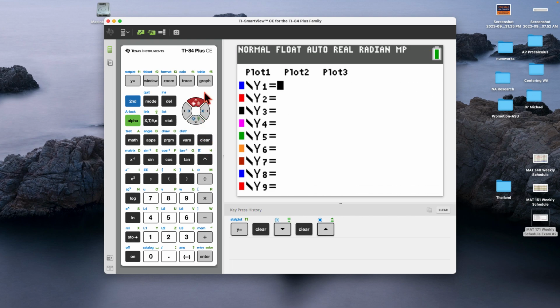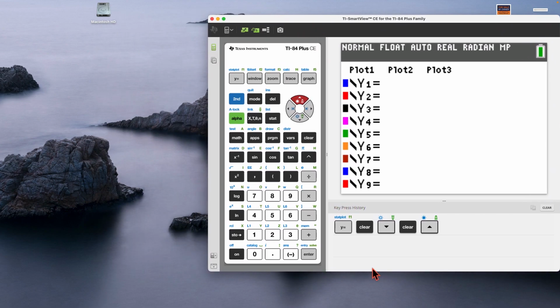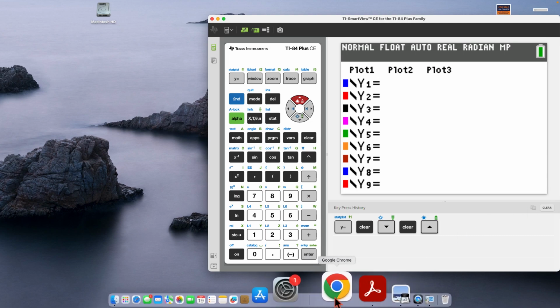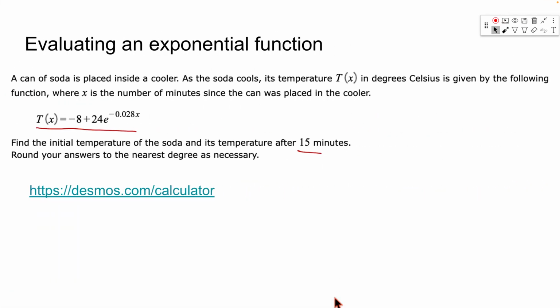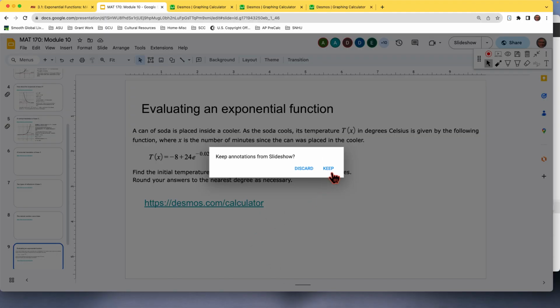Let me get this stuff out. So we're going to come back here. There we go.